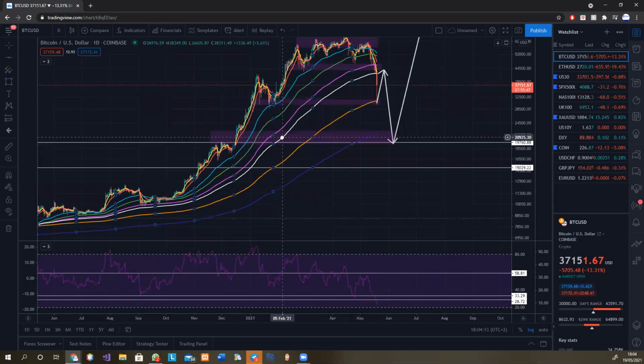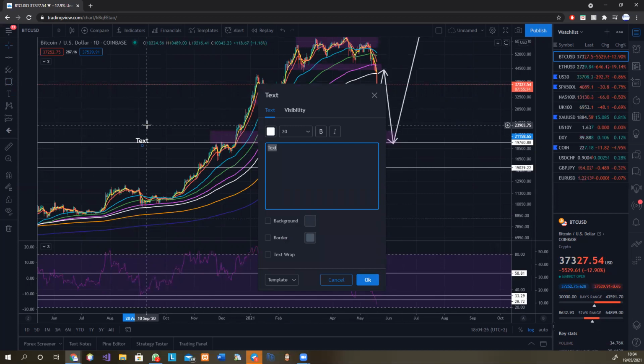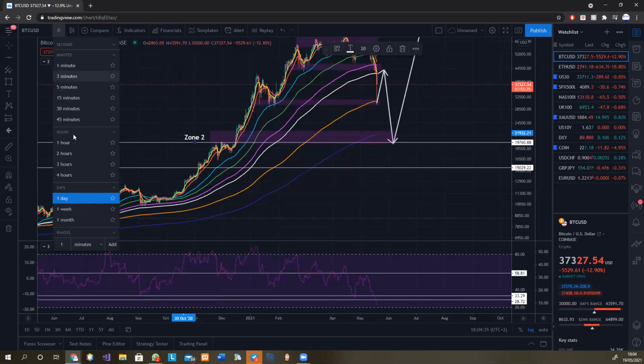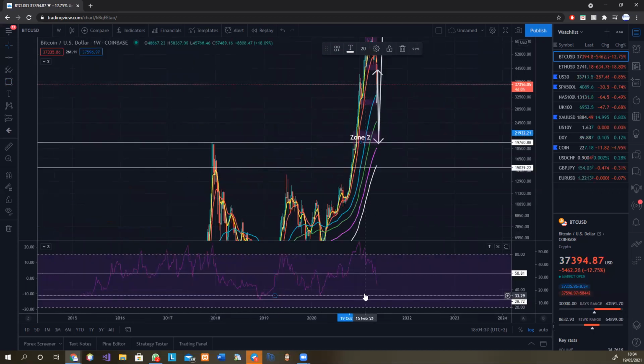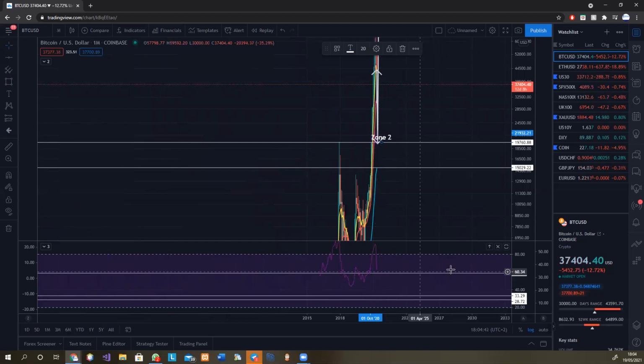So that said, if the market is going down, the RSI as well is going down. If the market goes down pretty fast and gets to our next zone, zone 2, here, the RSI on a monthly time frame should be at the 58 level, right?